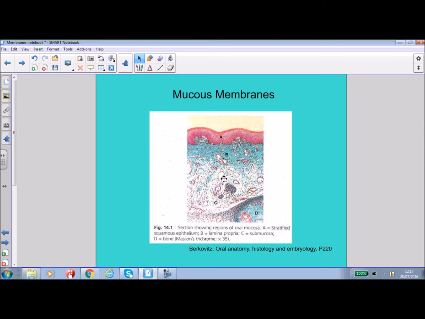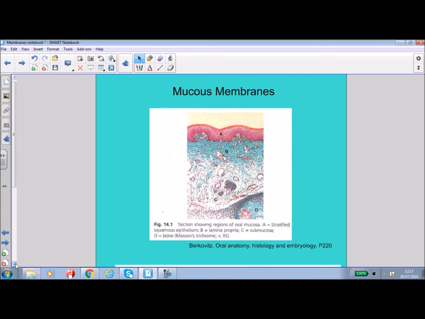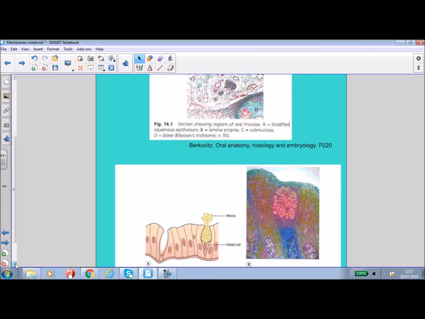So in order for the mucous membranes to produce this lubricative material, they need to have cells within the epithelial layer that are producing that fluid. So in mucous membranes, we have what's known as goblet cells, which is what is on this slide here.